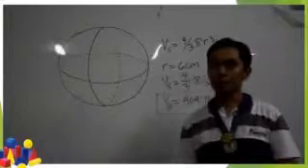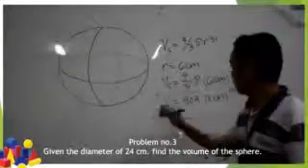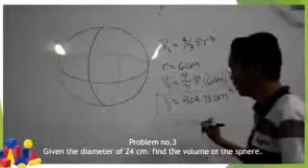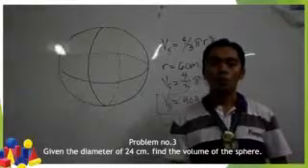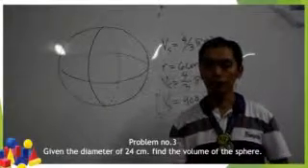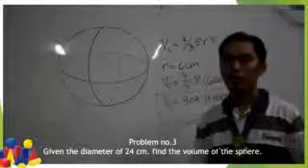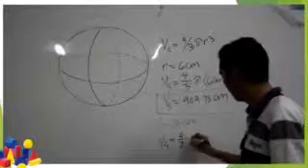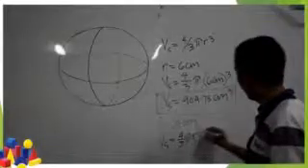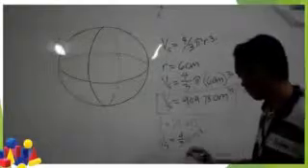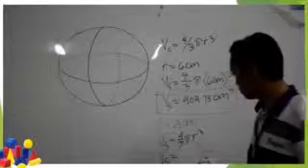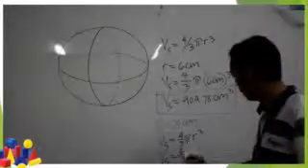Okay. What if the given is the diameter of a sphere? For example, D is equal to 24 centimeters. What will you do to get the volume of a sphere? From the original formula, we have V sub S is equal to 4/3 pi r cubed.